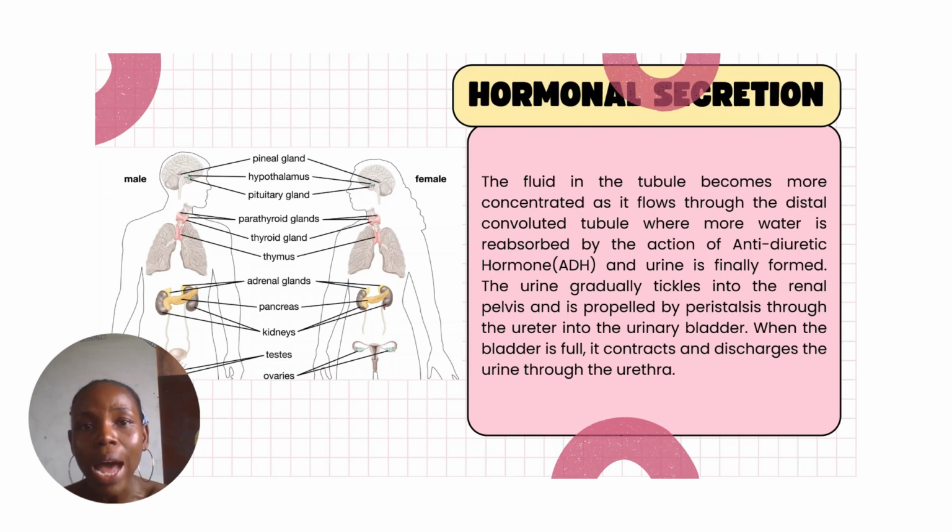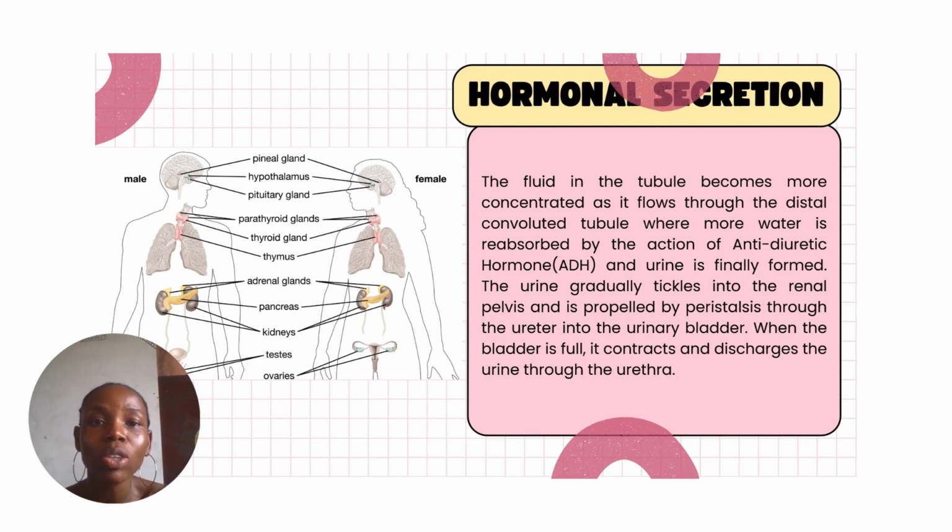So more water is being reabsorbed. Then the urine gradually trickles, and that's how urine is being formed. More water will be absorbed because the fluid there is already over concentrated. So the process of reabsorbing more water is what makes the urine to be formed.